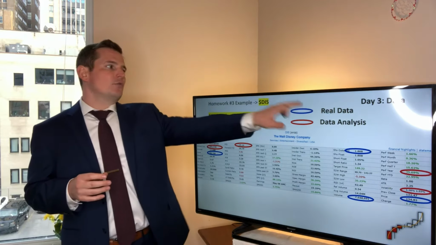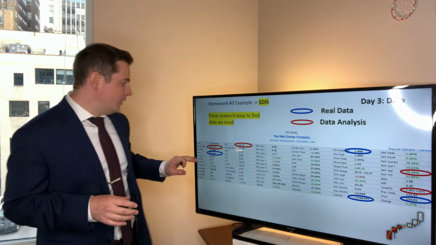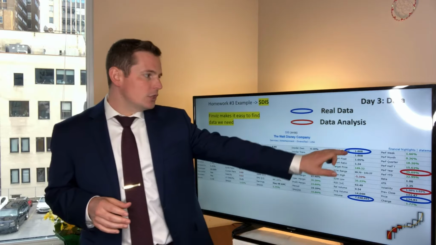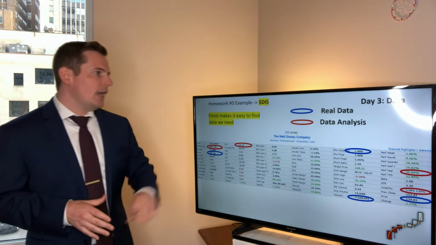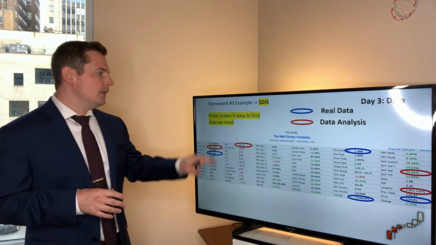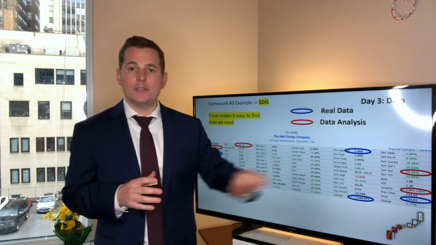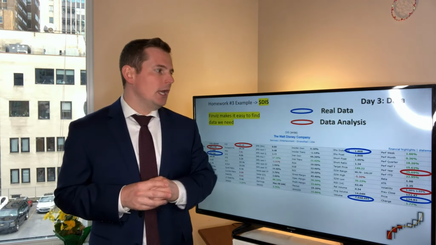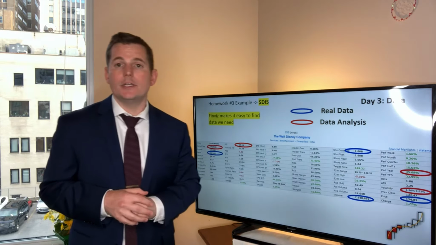And so the real data is circled in blue. You have the sales here, the shares outstanding here, the volume, and then the price. And then some of the derived data is the price per earnings, the performance. This I just chose the year, and you can use the yearly performance as well, and then the volatility.